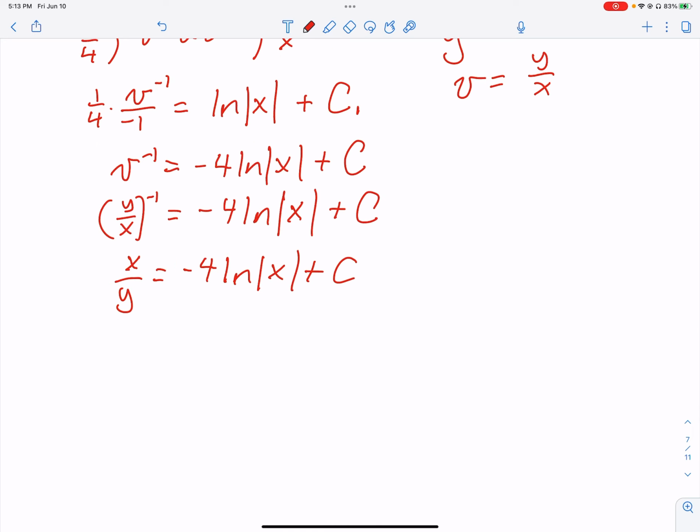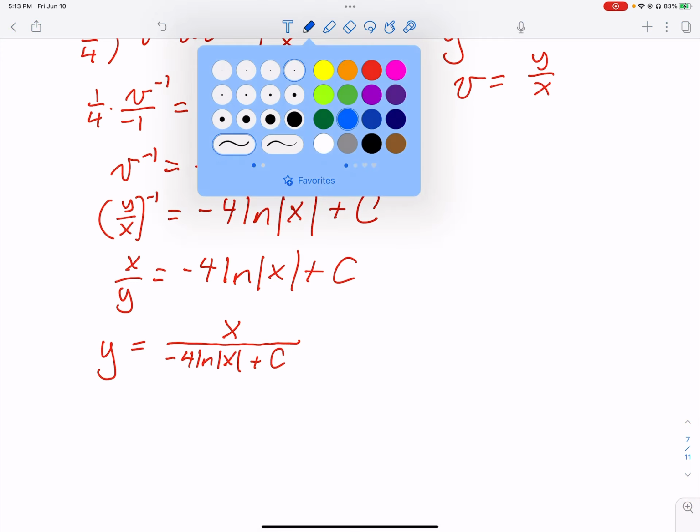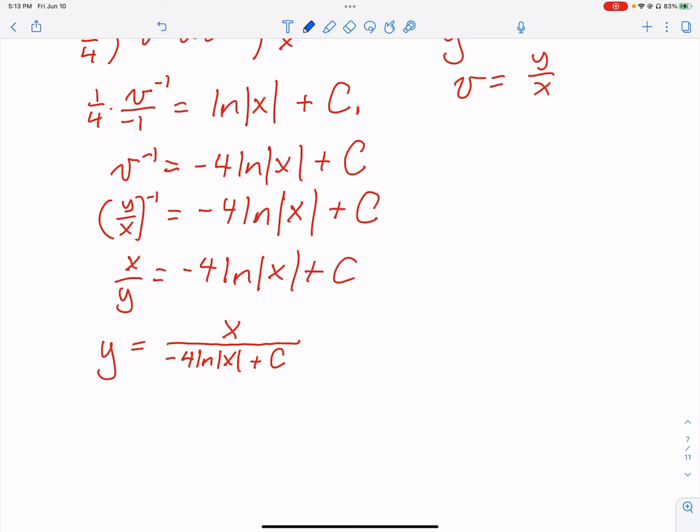I can solve for y here by dividing by the whole right side and then multiplying both sides by y. So that gets me x divided by negative 4 ln of x plus c. Really, you could have stopped. I would have been completely satisfied if you would have just stopped here.